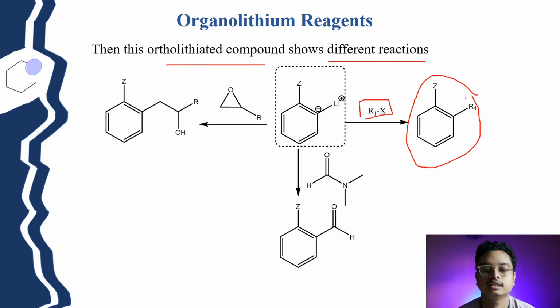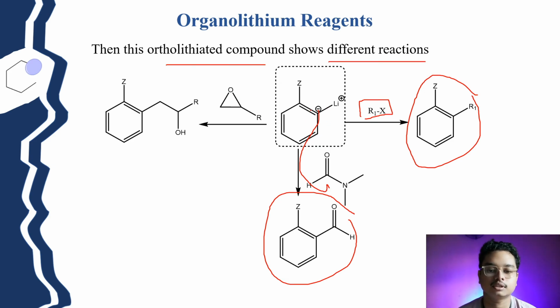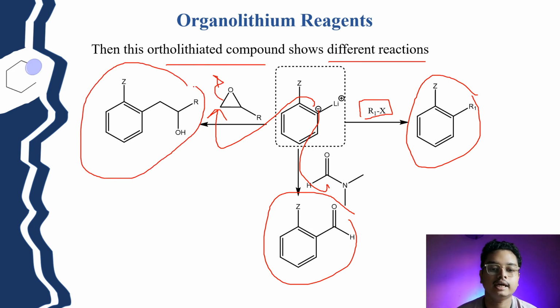Also, it will react with this type of compound by nucleophilic addition, and we get our final product. Similarly, this ortholithiated compound can react with the epoxide, attacking from the less hindered side, and this bond opens up, and we get this type of compound. So this intermediate has important significance in organic synthesis.